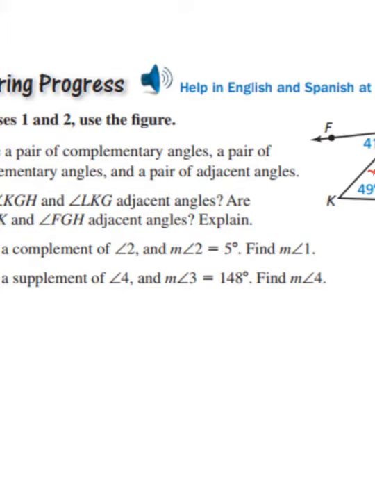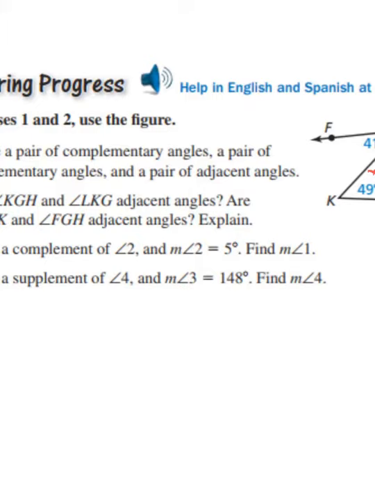Are they adjacent angles? Explain. Are the red and black angles adjacent? No. Why not? Adjacent angles have to be next to each other. And for two angles to be next to each other, they have to share a common what?